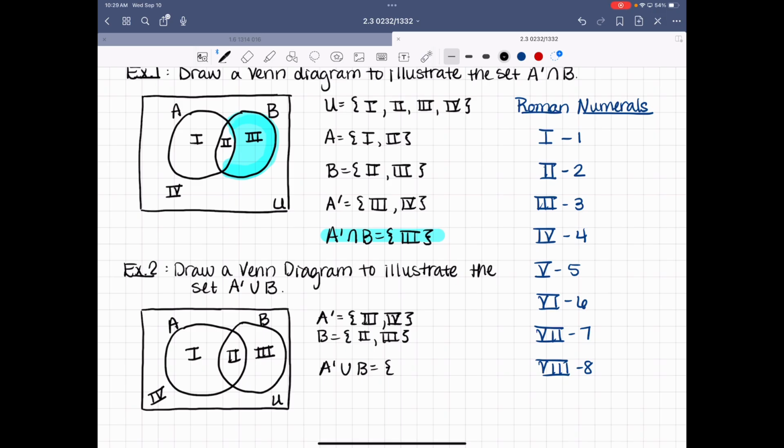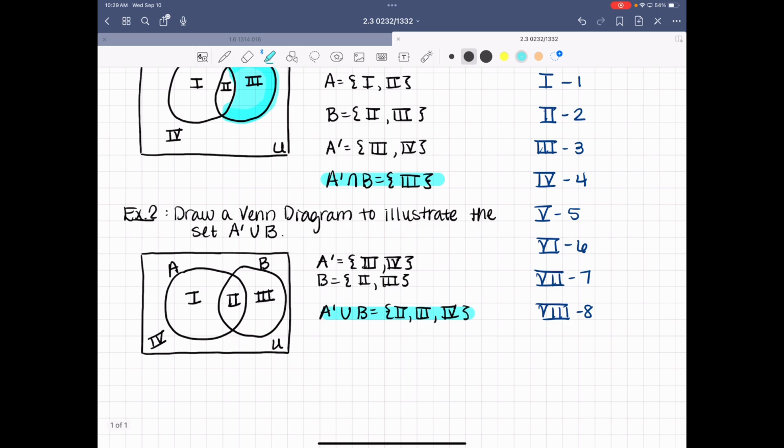So that means A complement union B should be 2, 3, and 4. I don't write down 3 two times. You only have to write it down once. He is in both of them, but he only counts as himself. And that's your answer. Y'all like, this is too easy. You're right.